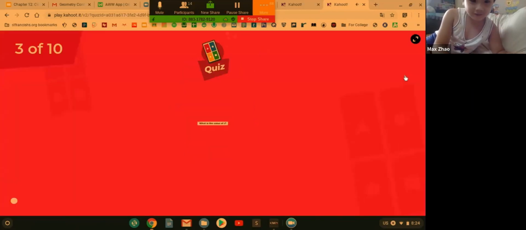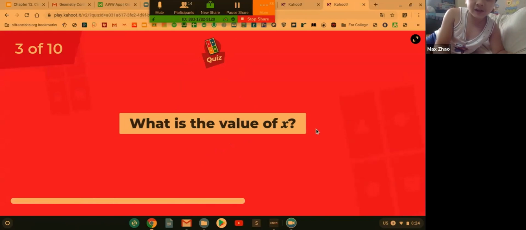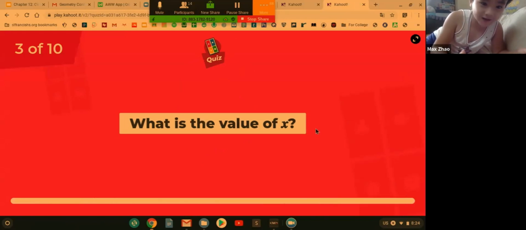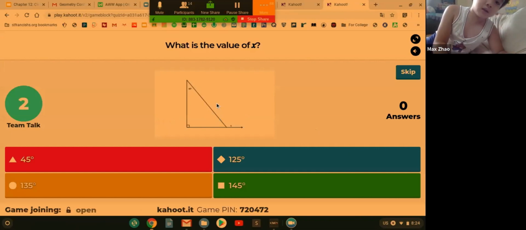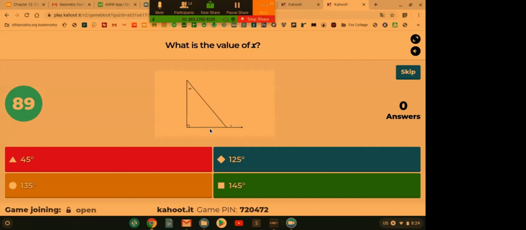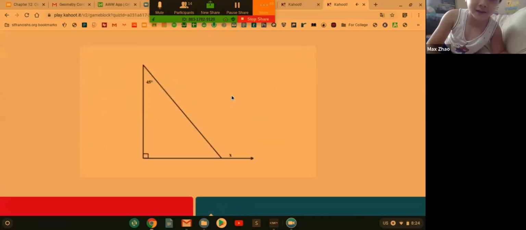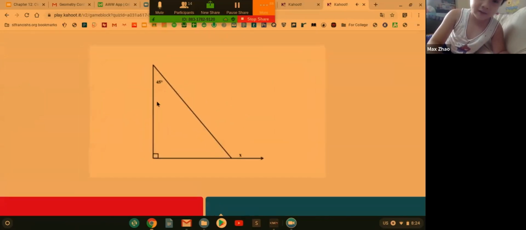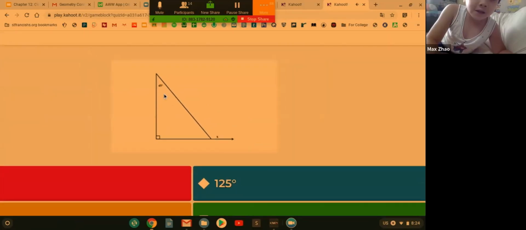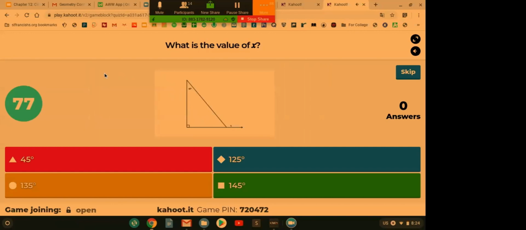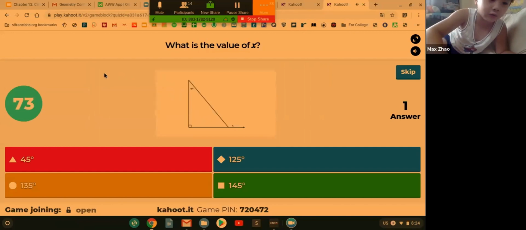Okay. What's the value of x? I can't see the number. Oh, I know the x. X is equal to 45 plus the angle.